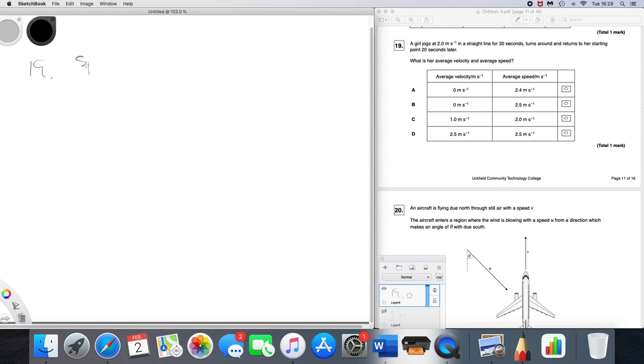So her average speed is 120 over 50, 2.4 meters per second. Now her average velocity, well, her displacement when she's finished is 0, so her average velocity is 0. So the answer is A.